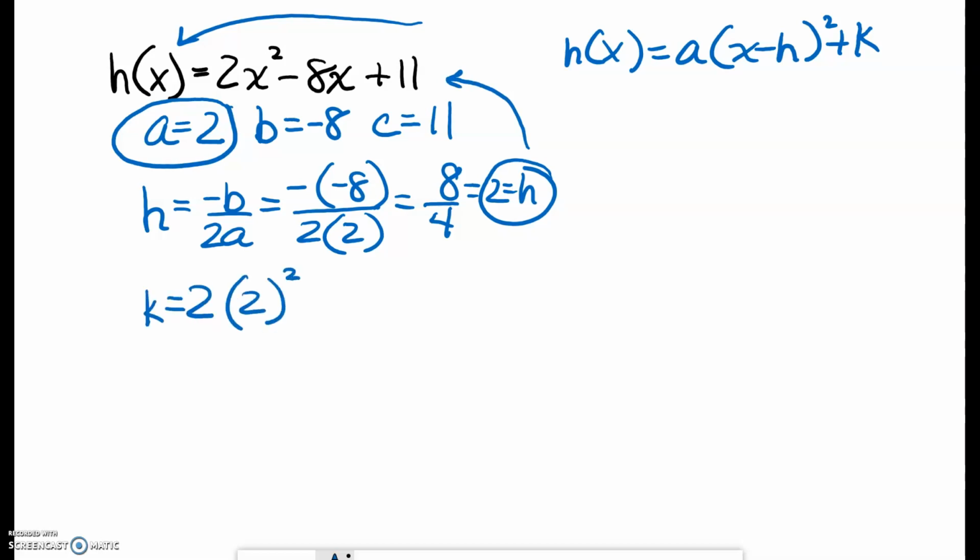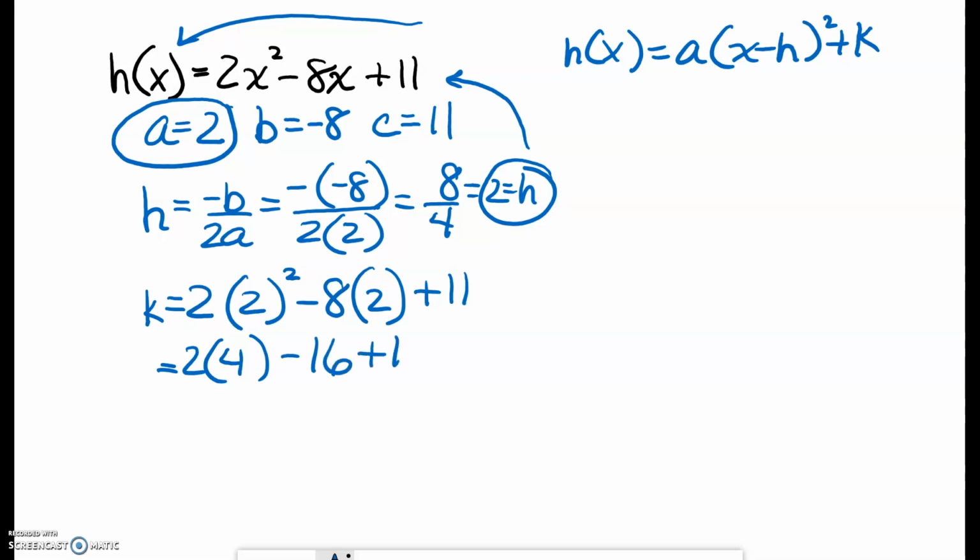2 times 2 squared minus 8 times 2 plus 11. 2 squared is 4. Negative 8 times 2 is a negative 16. 2 times 4 is 8 minus 16 plus 11. That's a negative 8 plus 11.